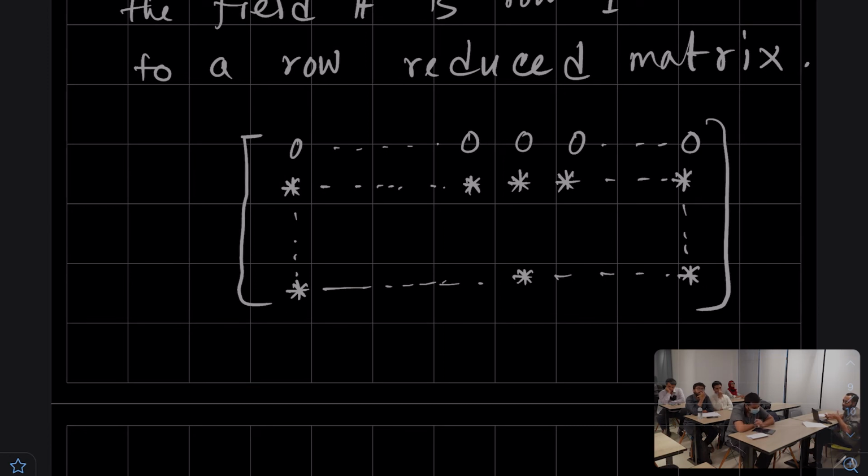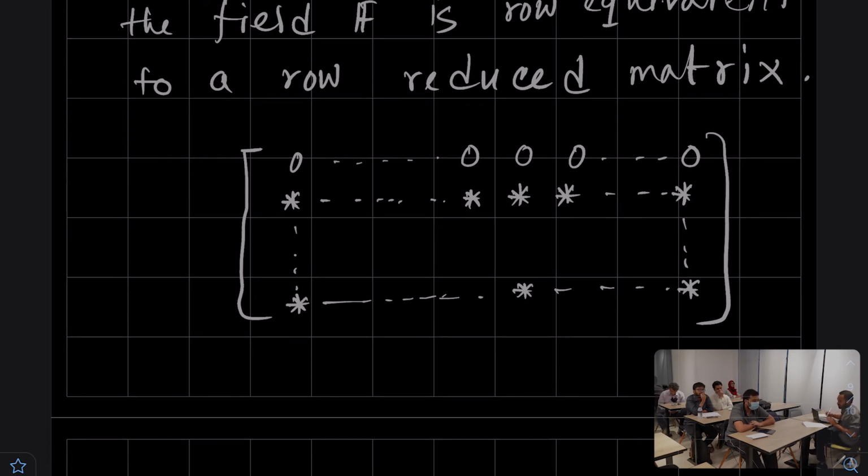So I don't have to do anything for this row because it is already 0. Now if it is not 0, let's consider this is a C and these are some other numbers. Star represents the unknown elements here.